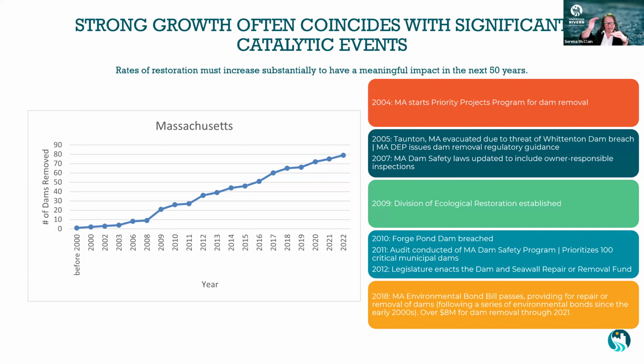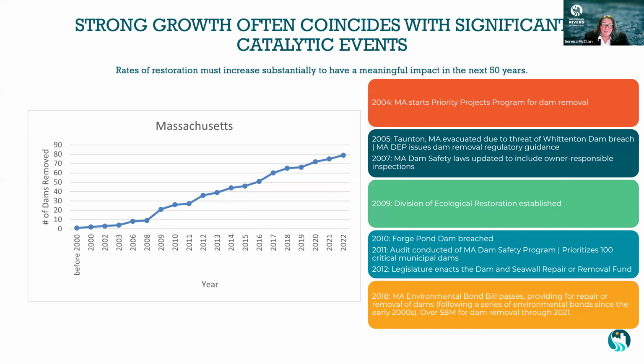I'm tracking the growth of this state program because it's been really instrumental in pushing development of dam removal projects in Massachusetts. Programs like this have been able to not only prioritize projects, right, but provide technical assistance to partners on the ground working on it.